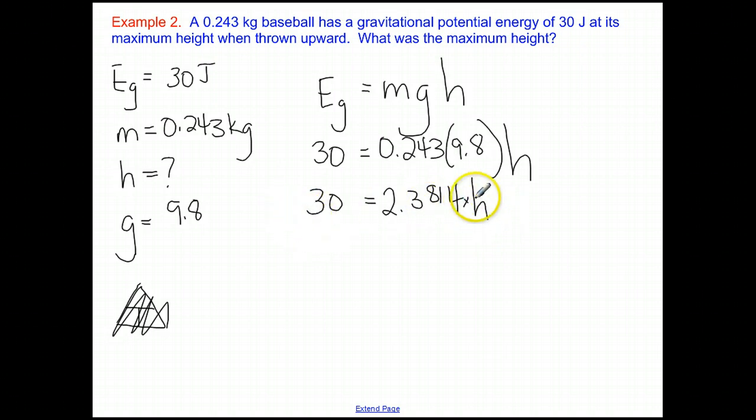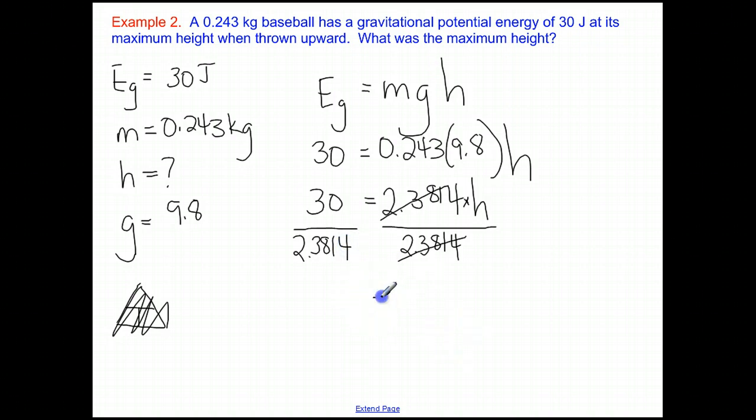So if it's being multiplied with the h and we want to get it to the other side, we perform the opposite operation, which means that we divide both sides by that number. And this is the mathematical reason. If we divide this side by this number, anything divided by itself is just 1. So that's how it gets canceled out. Whatever you do to one side of the equation, you have to do to the other. And that's how it gets moved to the other side.